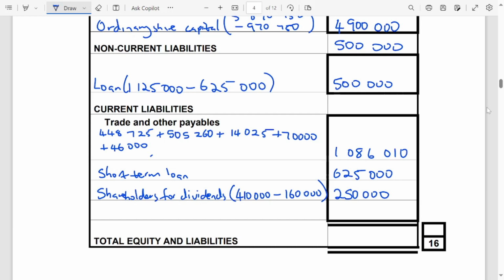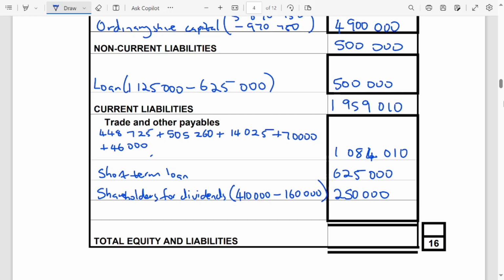Okay, let's recalculate because I think we made a mistake. 448,725 plus this plus this plus 70,000 plus 46,000. Now we have to add them together. So that's going to be 1,959,010.